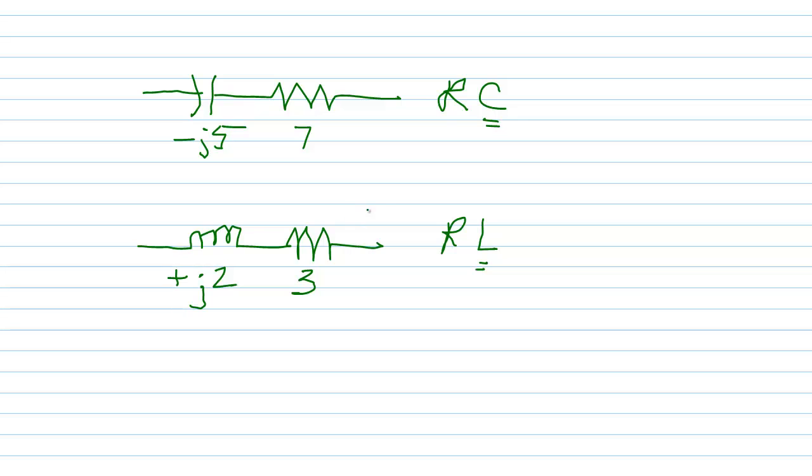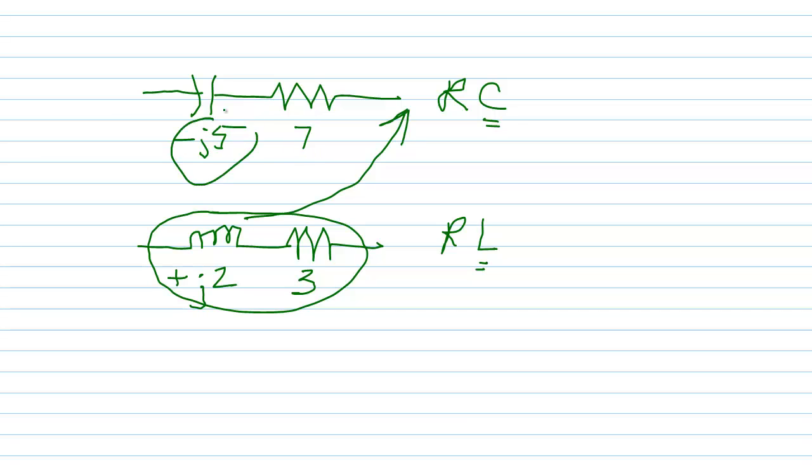What's going to happen if we connect this entire circuit all together in series? That is, if we move this so that it's in series like that with this. What's going to happen? What are we going to get? We're going to get a new impedance, and this is what this combination of resistance and reactance is.